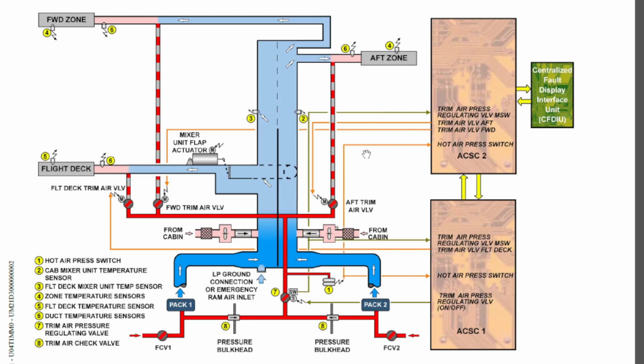Now, we told you that the function of the trim air pressure regulating valve is to keep the pressure of the hot air 4 psi above the cabin pressure.